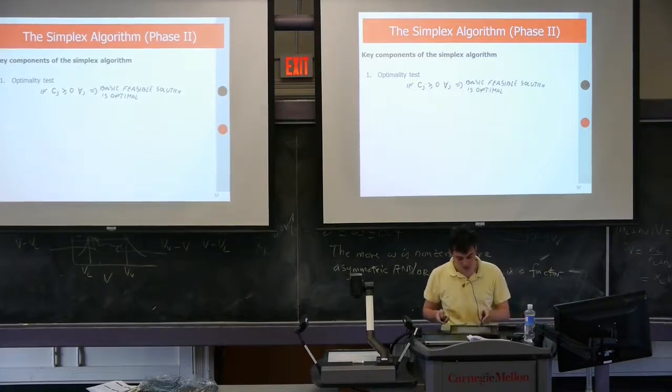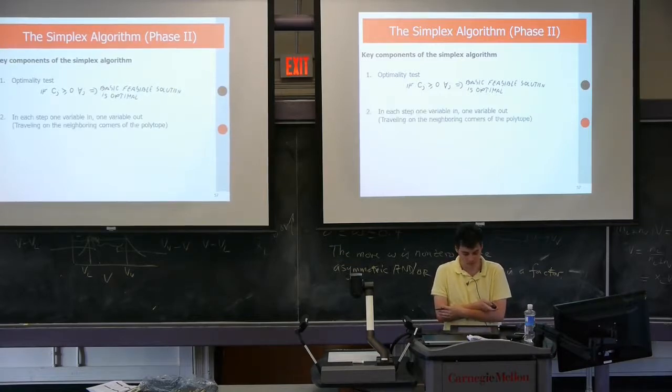If they are all non-negative, then you say that the basic feasible solution is optimal. However, if there's one component that's negative, then you can choose that column to do a pivot. In each step, one variable will come in and one variable will go out. You just choose which variable will come in.